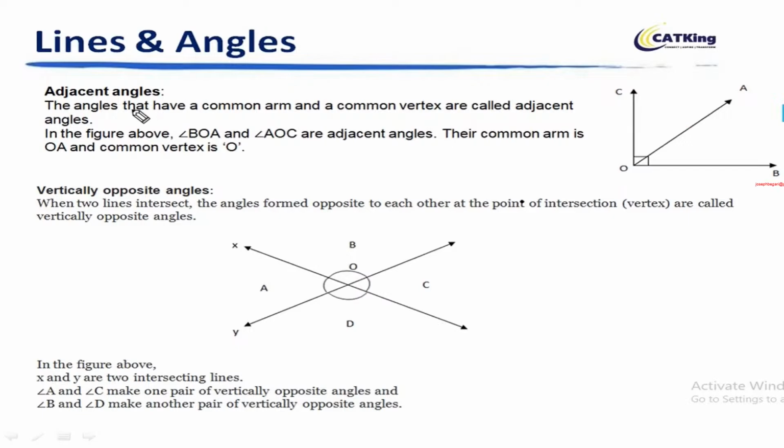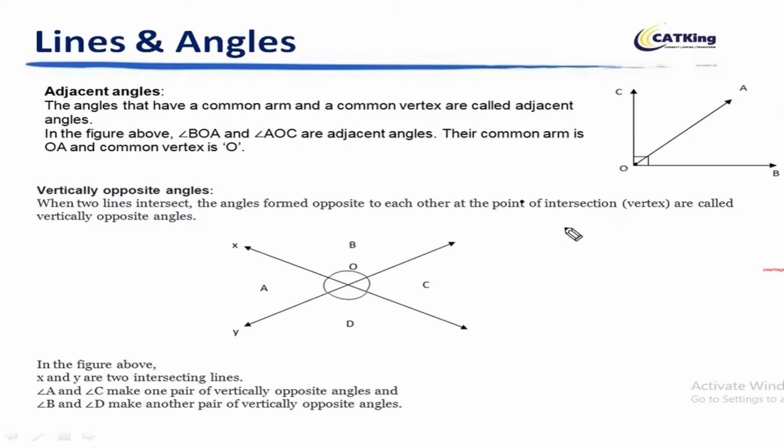Adjacent angles. So what are called adjacent angles? The angles that have a common arm and a common vertex are called adjacent angles. In this example, OA is a common arm between this angle and this angle, and O is a common vertex.